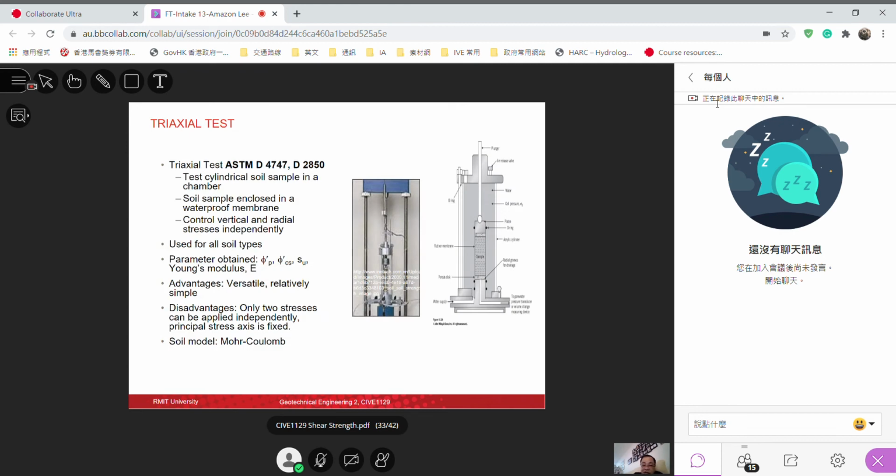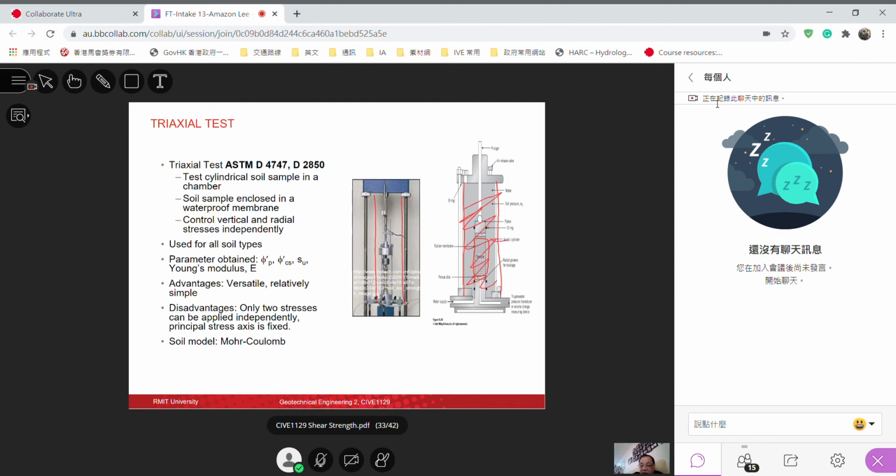Now the triaxial test. We don't have time to go through the triaxial test, but the idea here is we have a cylindrical soil specimen mounted in the triaxial apparatus, and inside there's a cell. You see this plastic glass cell, and it's filled with water.